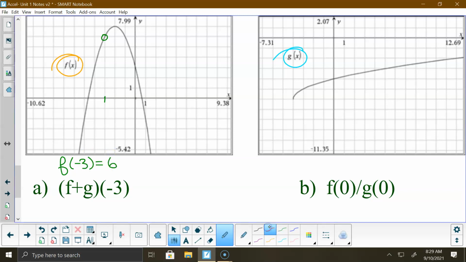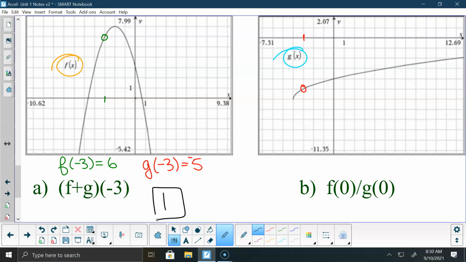And then I go over here to g of negative 3. 1, 2, 3. That's negative 5. And then what do I need to do with those 2 numbers? I'm just adding them. So 6 plus a negative 5 is 1. That's it.